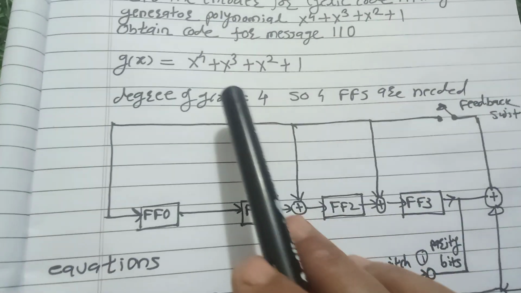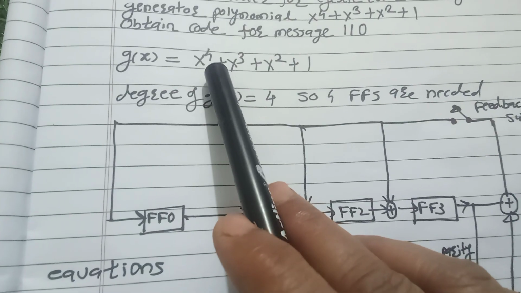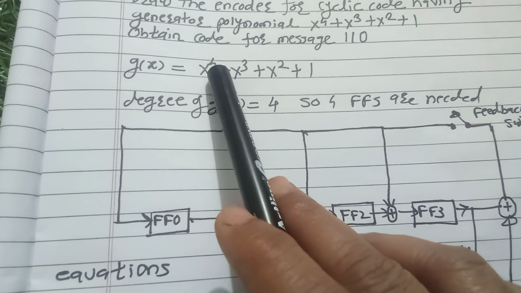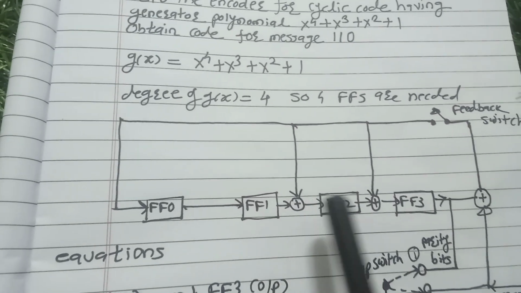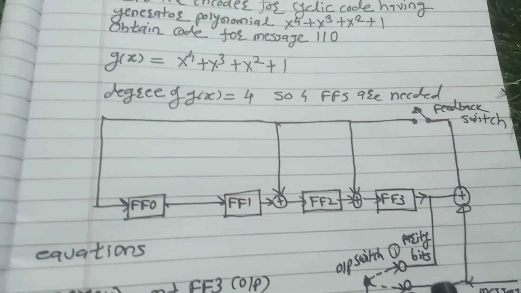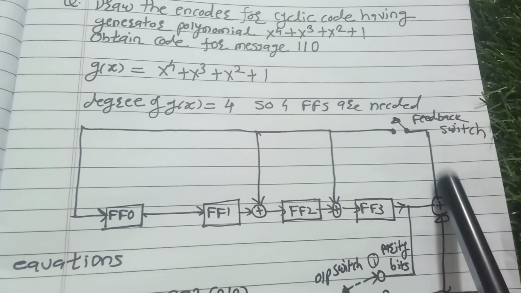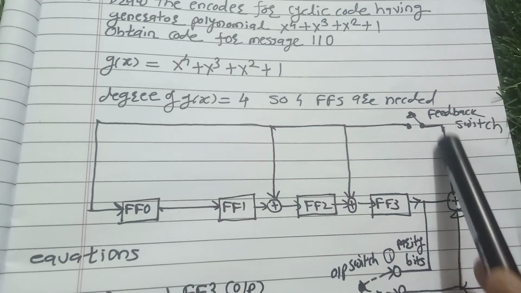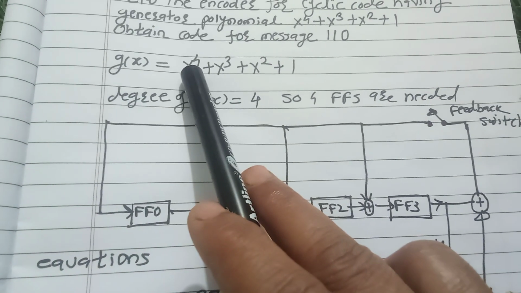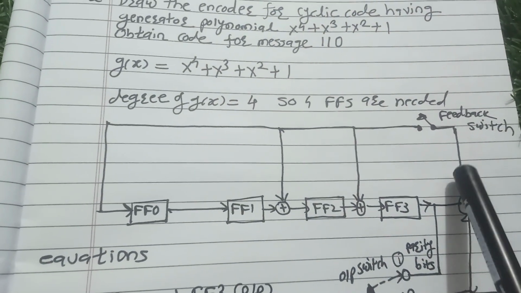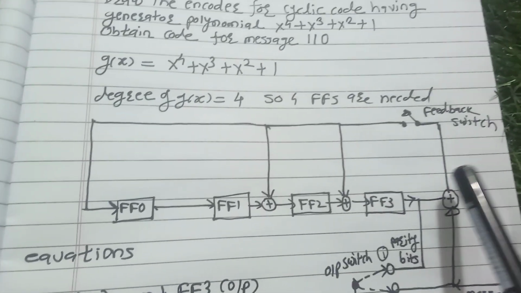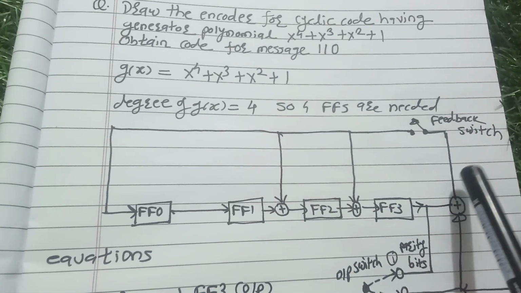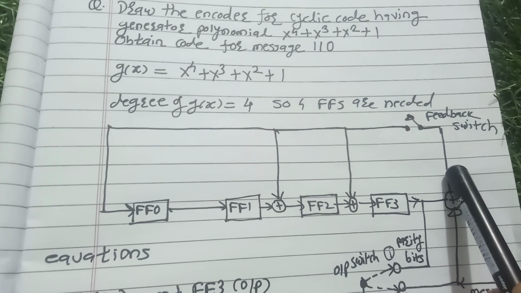So let us see. The generator polynomial has degree 4, so it has 4 flip-flops: 0, 1, 2, 3. Then this line, I have already told you, corresponds to the x raised to 4 coefficient, that is 1. If x raised to 4 highest degree is there, the highest degree's coefficient is always 1.